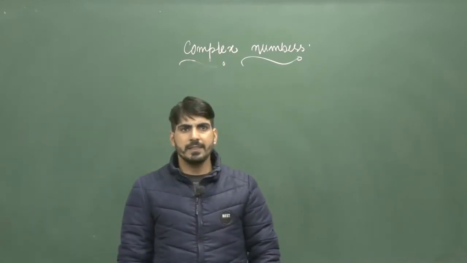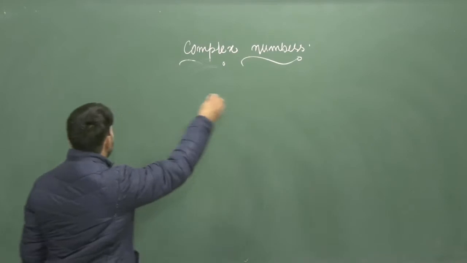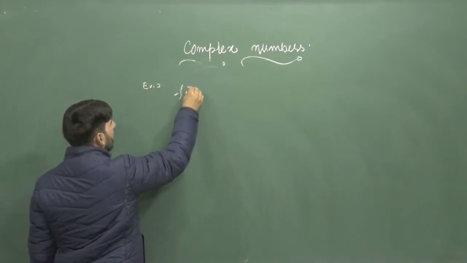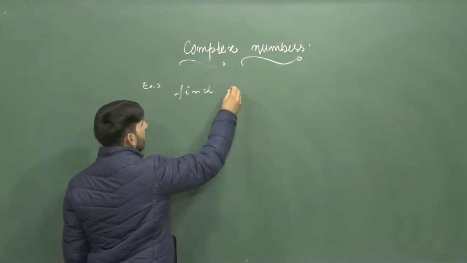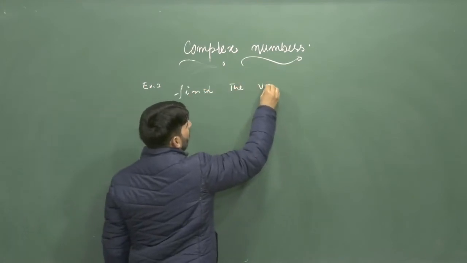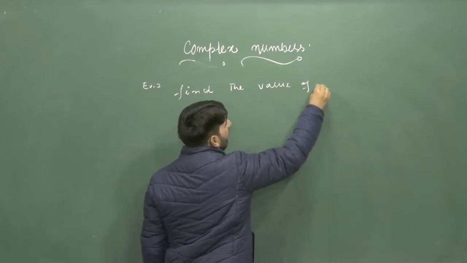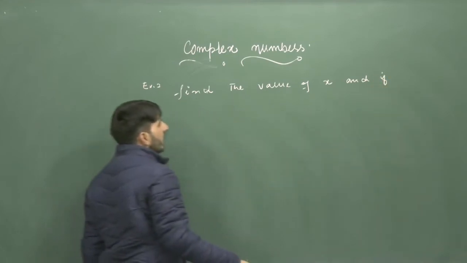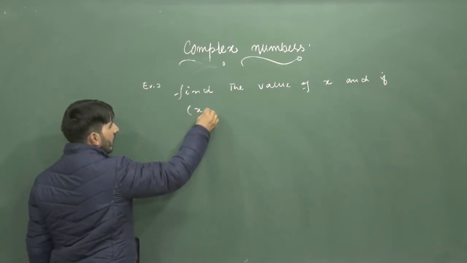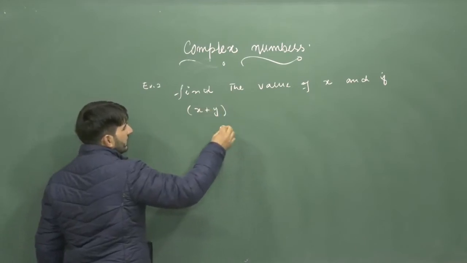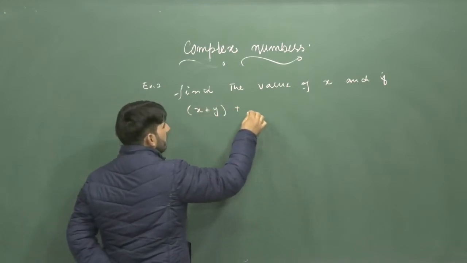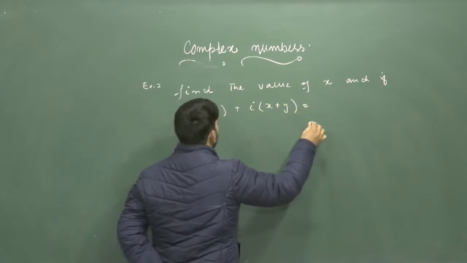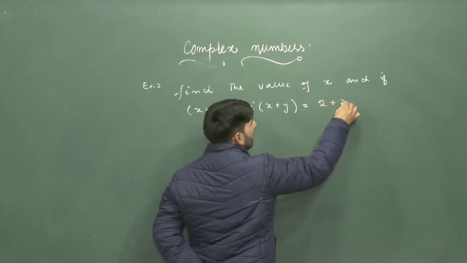Let's do another example. Example number 2 is again find the value of x and y if the complex number x plus y plus iota times x minus y is equal to 2 plus 3i.